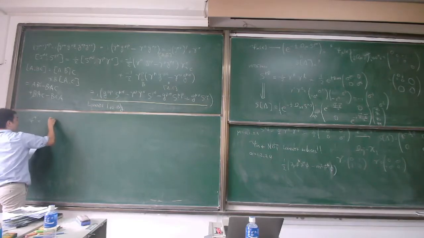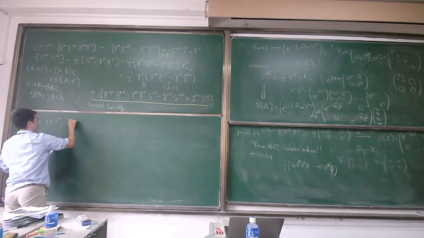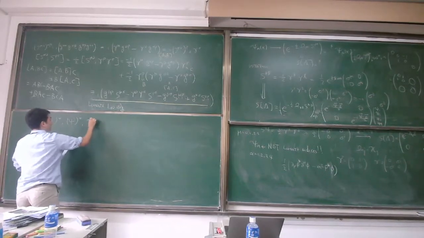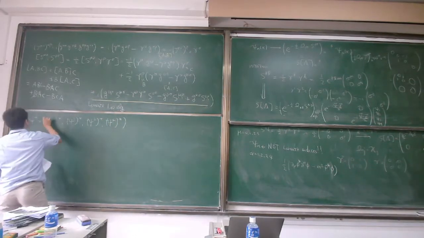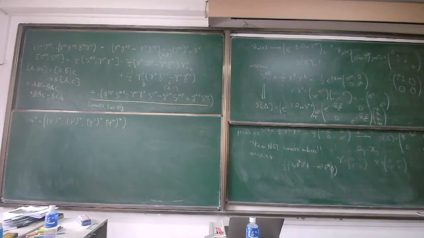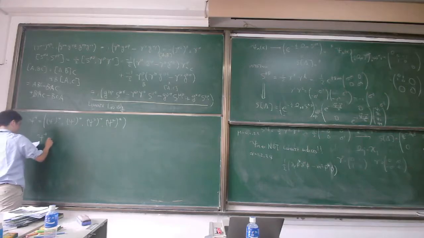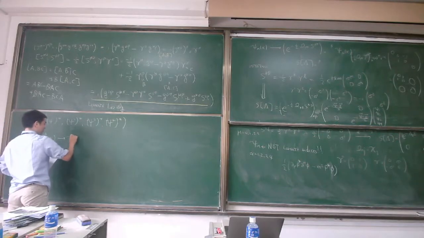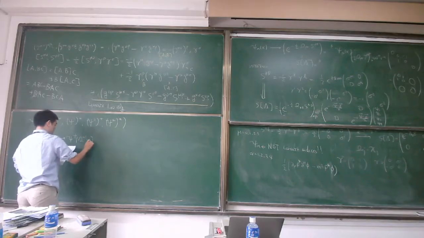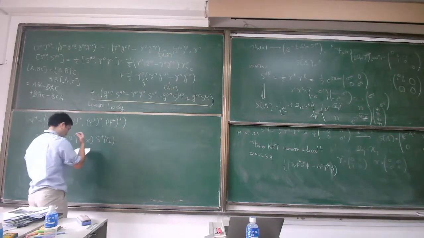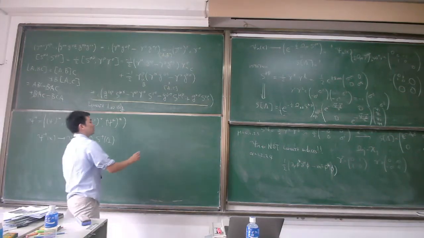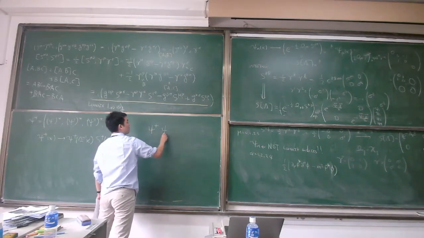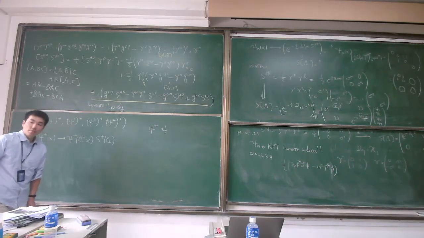So we introduce psi dagger in this way. And this one is transformed under the Lorentz transformation lambda as psi dagger of lambda inverse x, times S dagger of lambda. Then we'd like to ask a question: is this Lorentz invariant or not?